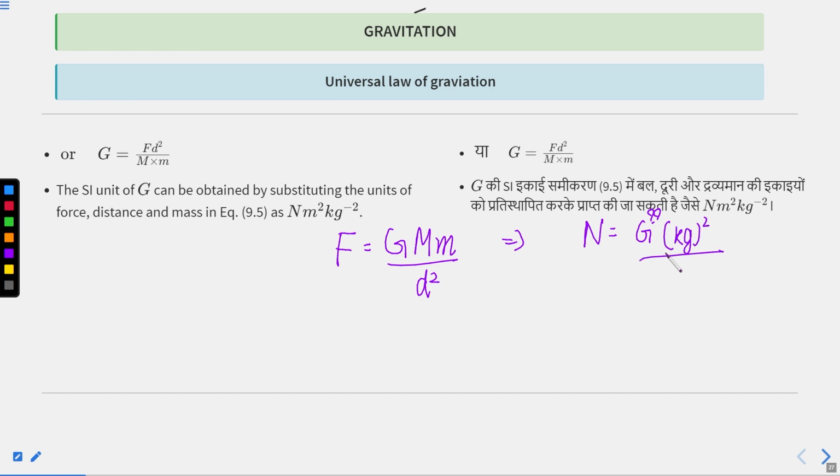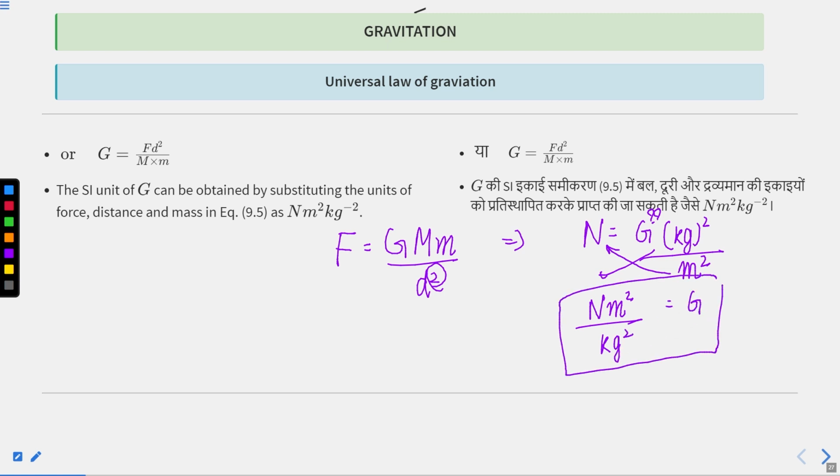And the SI unit of distance is meter, so it will be meter square, because the square is here. So we multiply meter square and divide by kg square. So N m square divided by kg square is the SI unit of G. Clear, class? This is the SI unit of the universal gravitational constant, capital G.